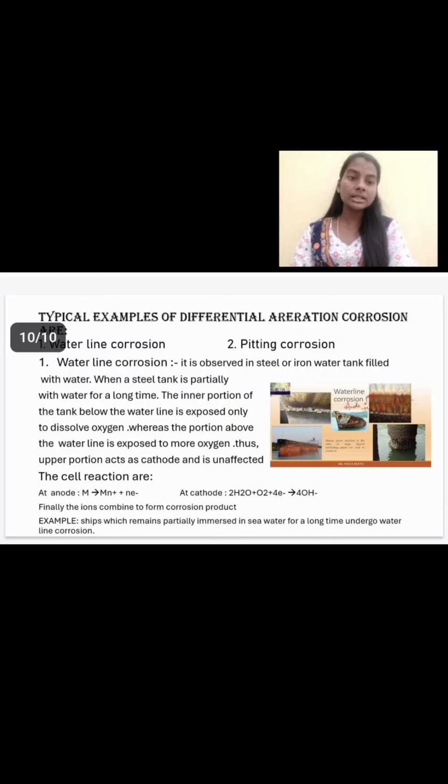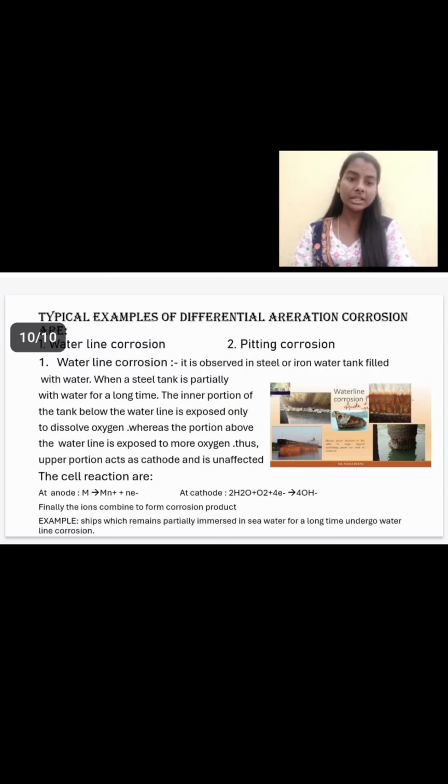When a steel tank is partially filled with water for a long time, the inner portion of the tank below the waterline is exposed only to dissolved oxygen, whereas the portion above the waterline is exposed to more oxygen. The upper portion acts as cathode and is unaffected, as shown in the figure.